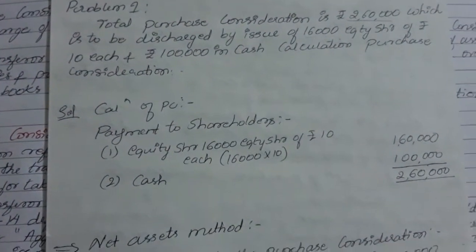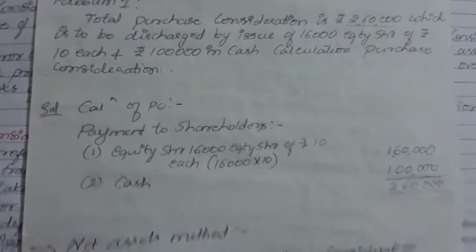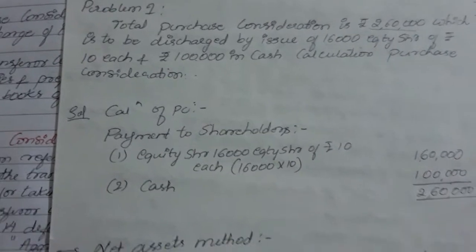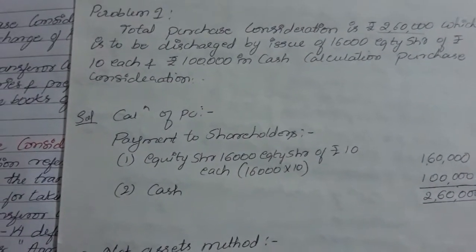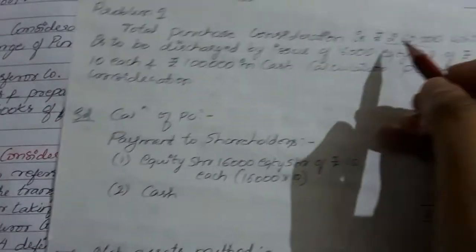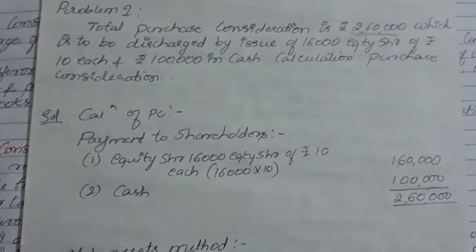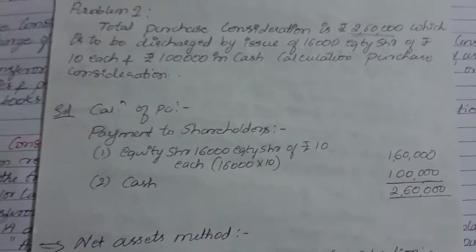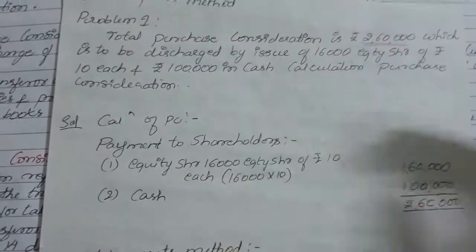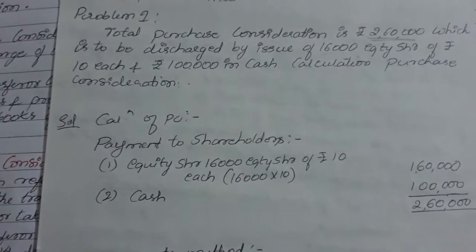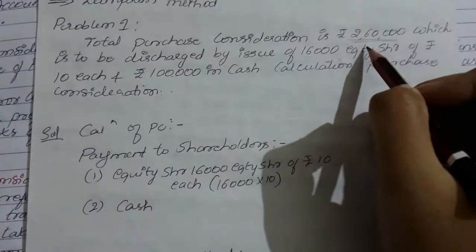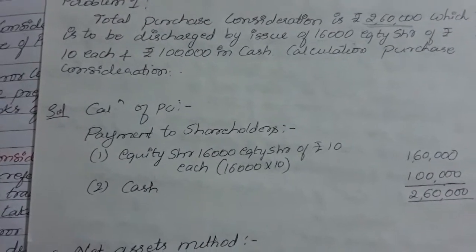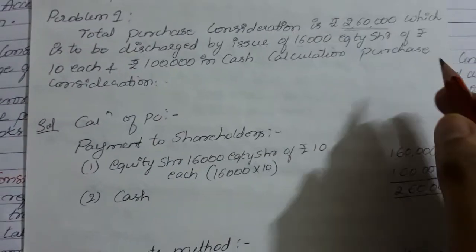Now we need to see, they have not given the names here. The transferee company, the company which is taking over, is giving 2,60,000 for the transferor company. So it has decided to give 2,60,000 for the purpose of taking over the company. They have even given how to discharge it. They are not giving this 2,60,000 completely in the form of shares or completely in cash. They have divided it into two parts.